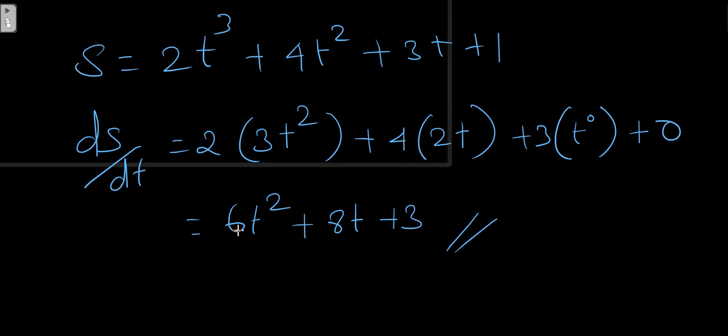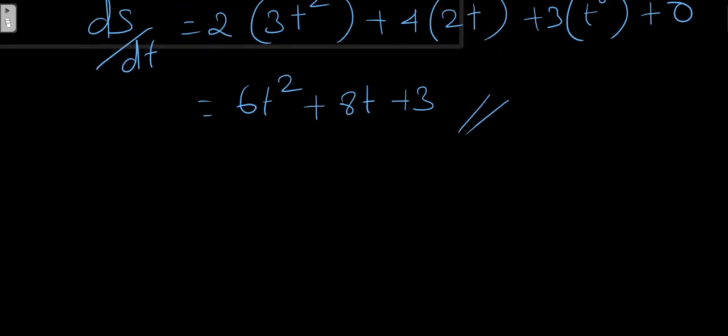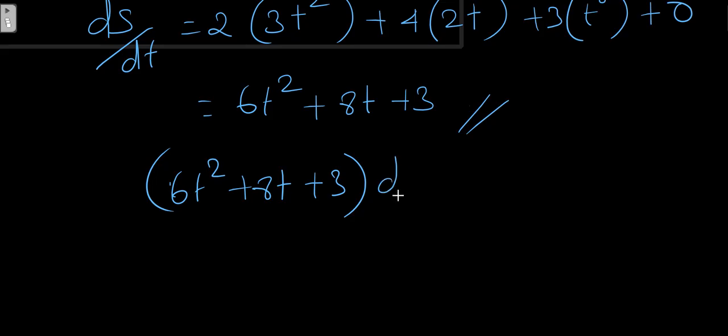t cube is reduced to t square. Now this whole term is taken into integration. What will happen? Integration of 6t square plus 8t plus 3 within the bracket, dt, integration with respect to t.